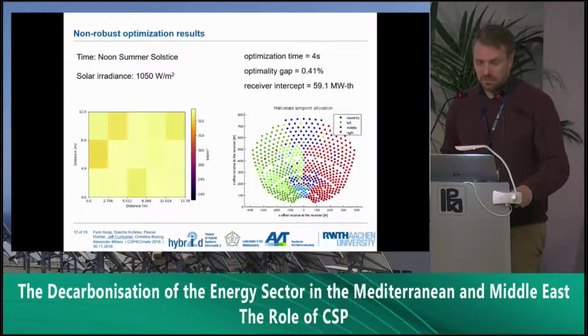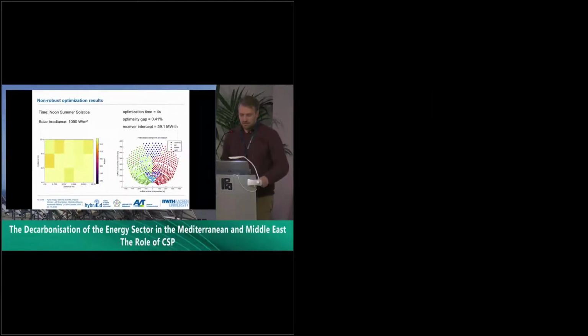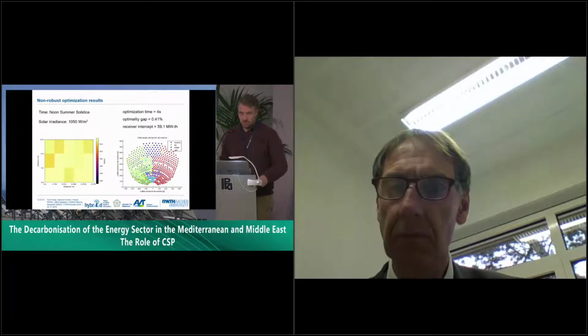But it's also quite close to our maximum flux that we imposed, which was 320 kilowatts per meter squared. On the right-hand side, we have a field of heliostats, and this shows how each heliostat points at the receiver, and it demonstrates that we've chosen carefully for each heliostat at which point in the receiver it should point.